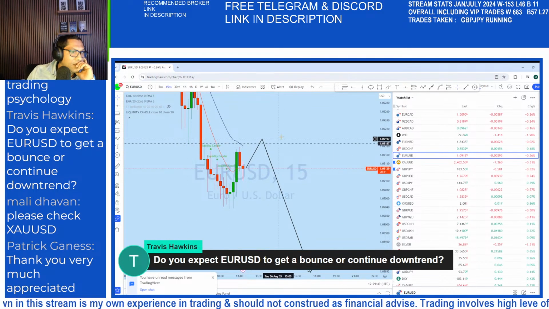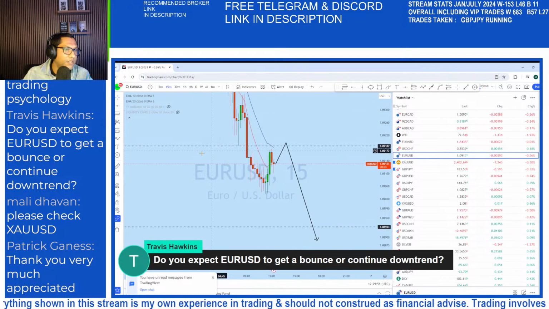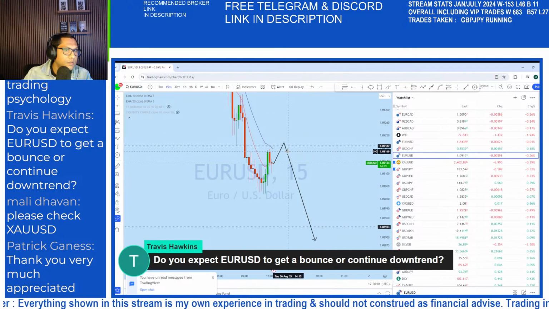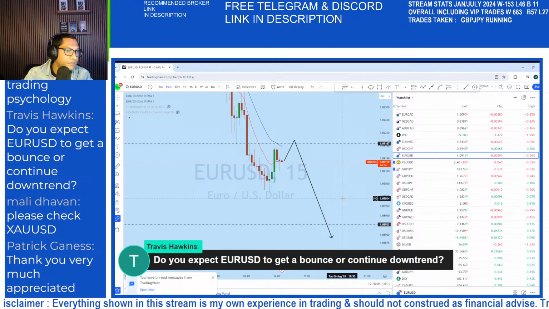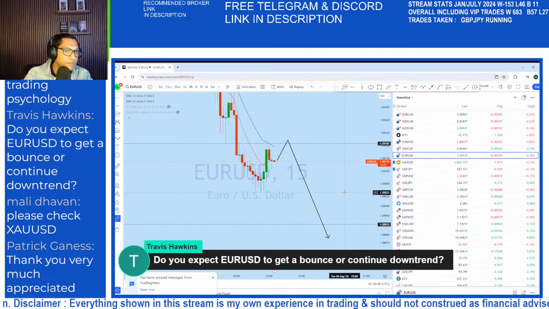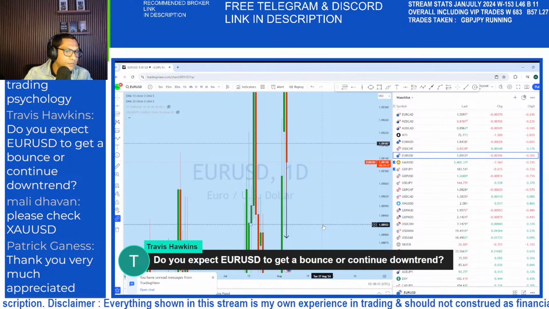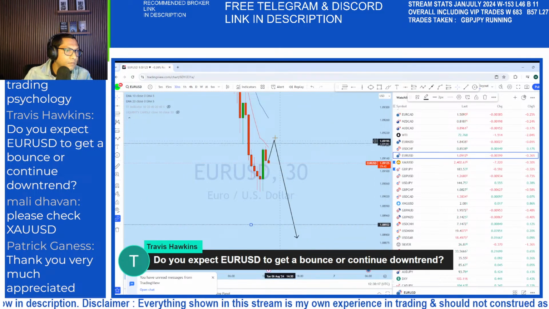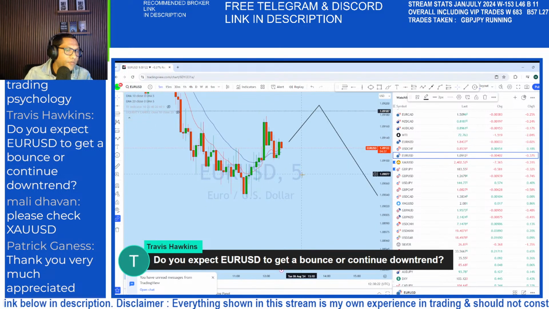You can see price has broken all of them, so that has potentially given momentum. If we look at the 15 minutes, the 5 minutes.